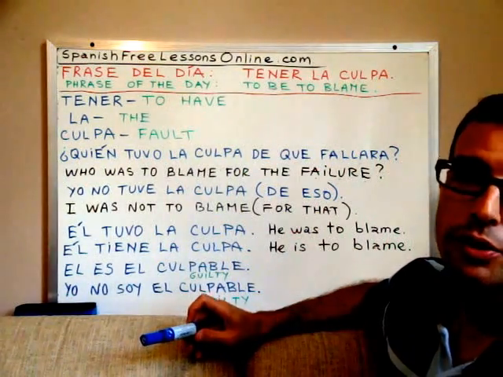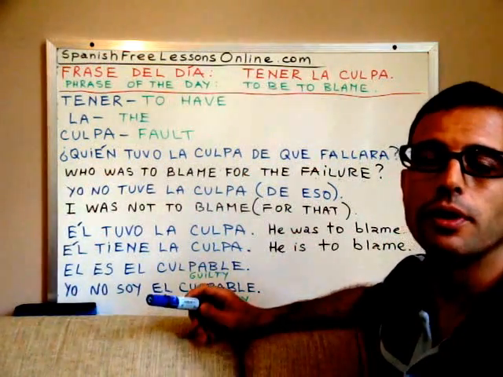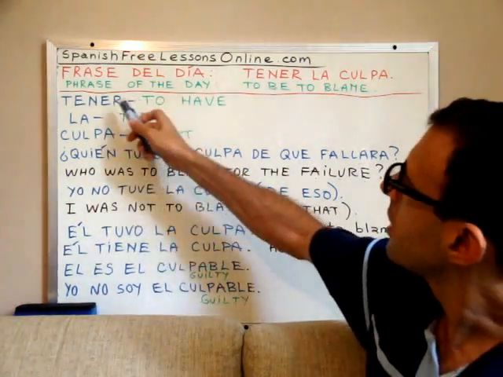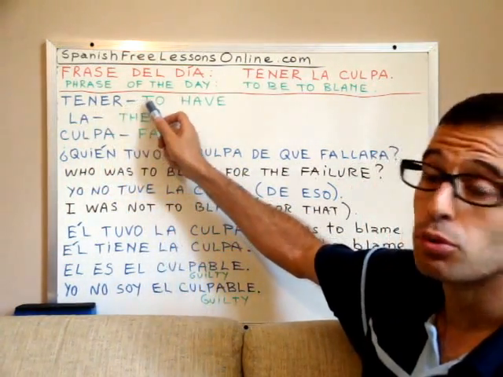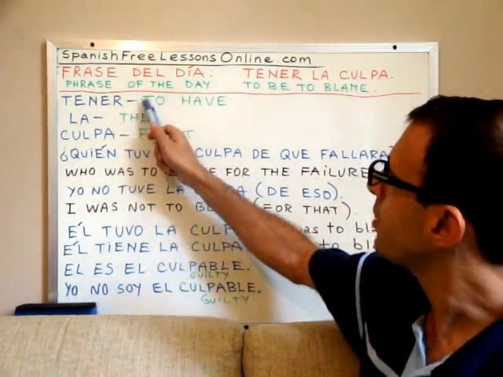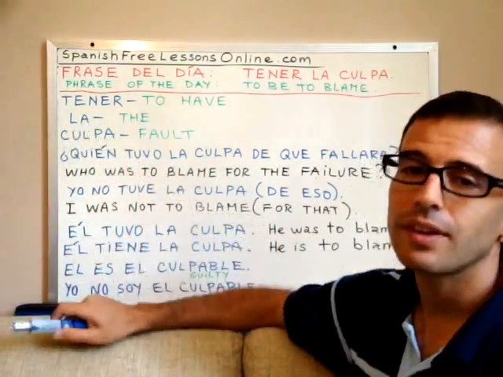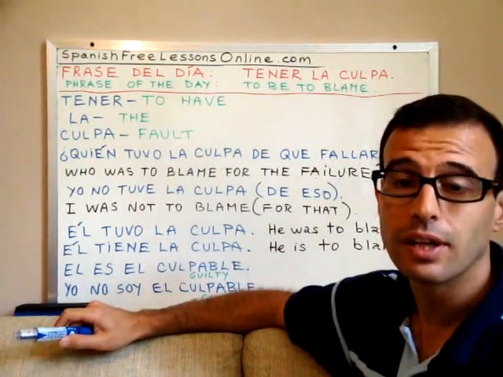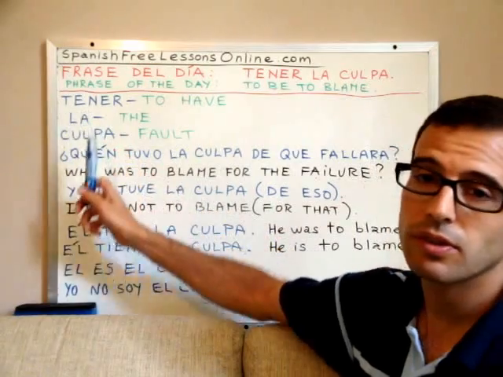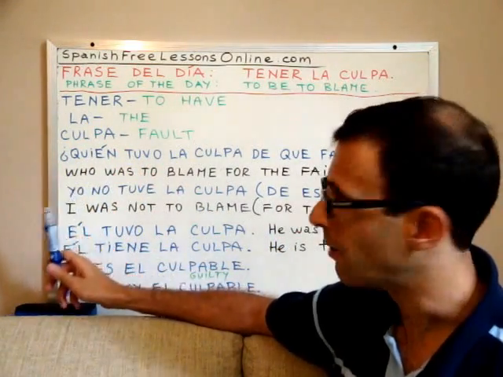The word-by-word translation for the phrase tener la culpa would be: tener is the verb to have, right, in infinitive. So to have. La is the feminine definite article, the, right, feminine because it's for a feminine noun.